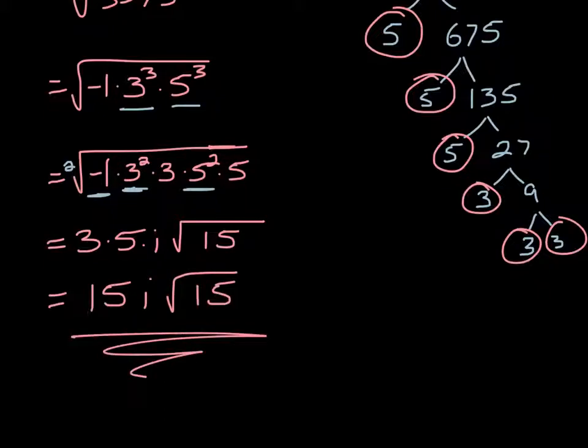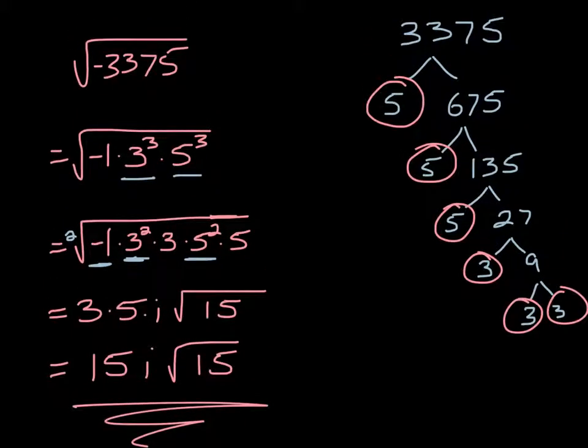So again, the big work is this. I'm going to take this number of 3,375. I'm breaking it up into its prime factorization here. And now I'm just going to treat each of these factors as they would with variables. I'm looking for exponents that can be divisible by the index, in this case the index of 2.